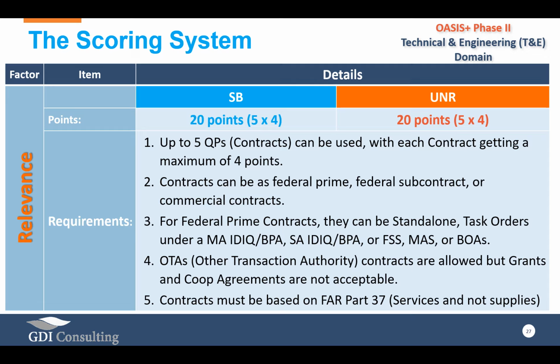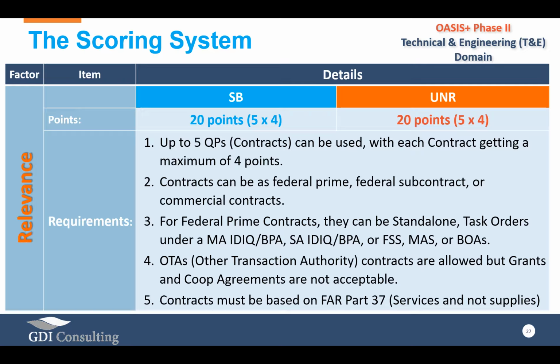Now, if you're using federal prime contracts, they can be standalone contracts or task orders under single or multiple award IDIQs or BPAs, or FSS, GSA MAS, or BOAs. Note that I said task orders under, not the IDIQ or BPA itself. So you can't use the award for that unless it has a task order under it, and you take that task order as one contract.